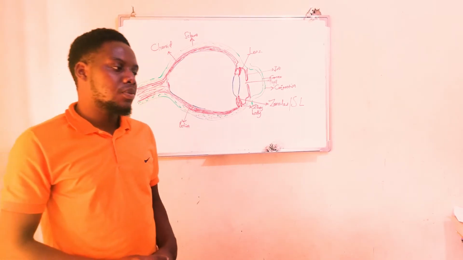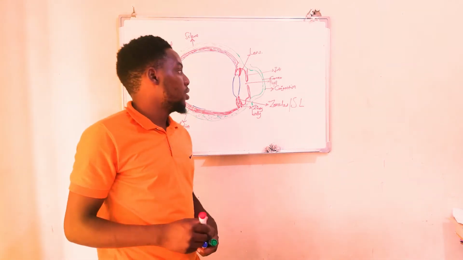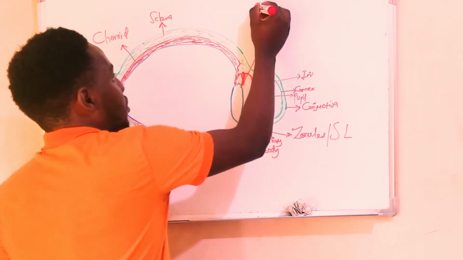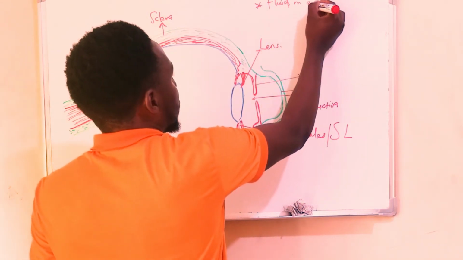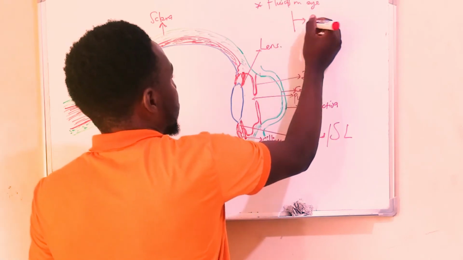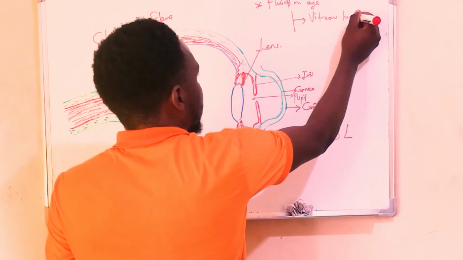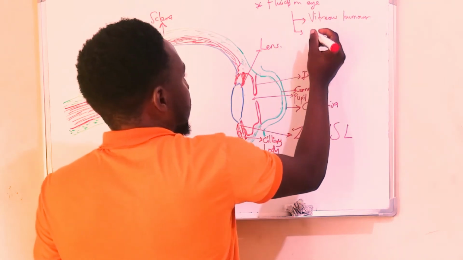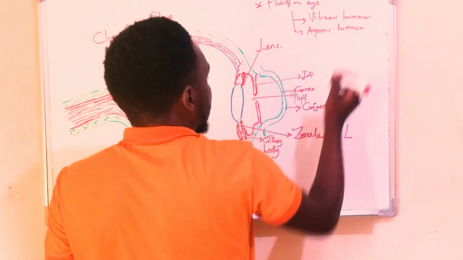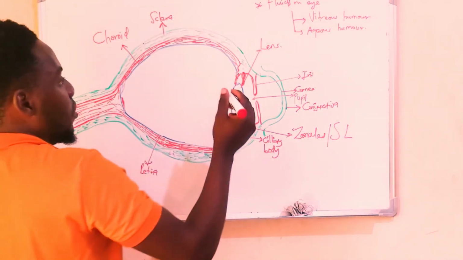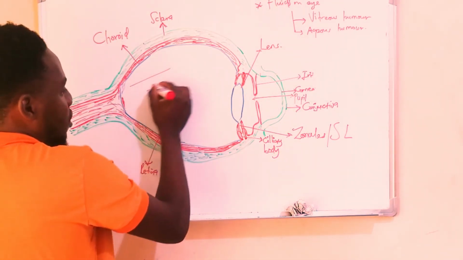Okay, so the other thing that we're going to talk about is the fluid component of the eye. So there are 2 fluids that we're going to find. The first one is the vitreous humor. Then aqueous humor as our second. So vitreous humor is present just behind the lens.